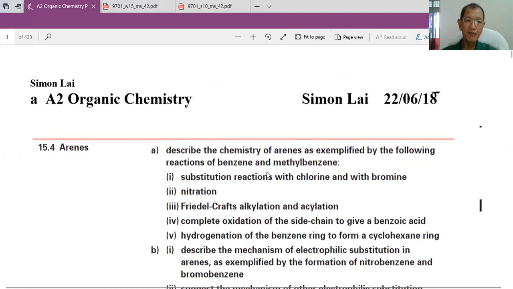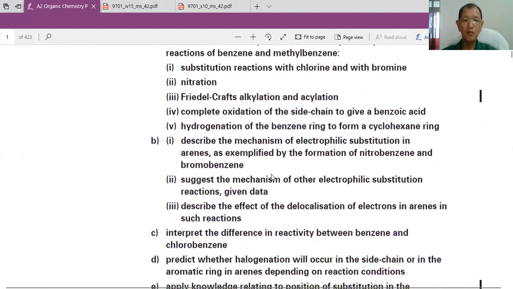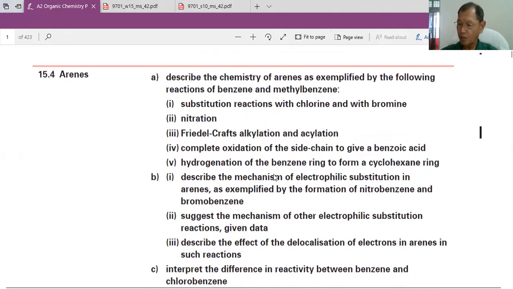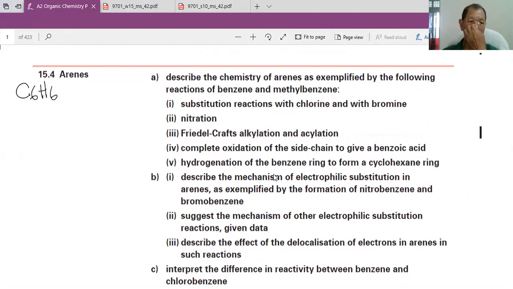Here we are. If you talk about benzene, there are two things here. One is benzene, C6H6. Now it's called benzene. Okay? It has a structure like this. Now there are two ways to represent benzene.